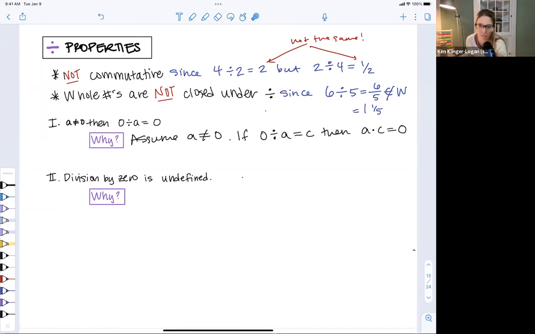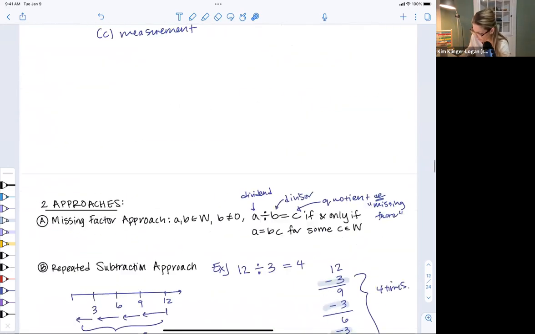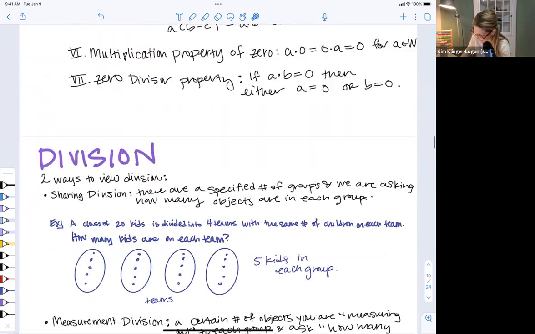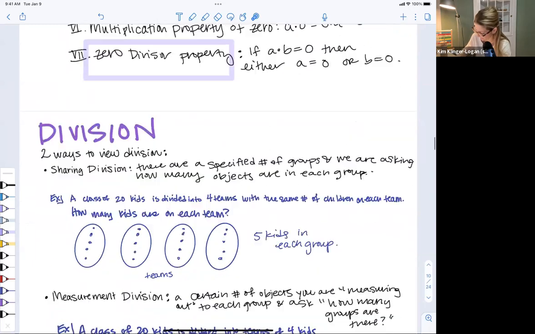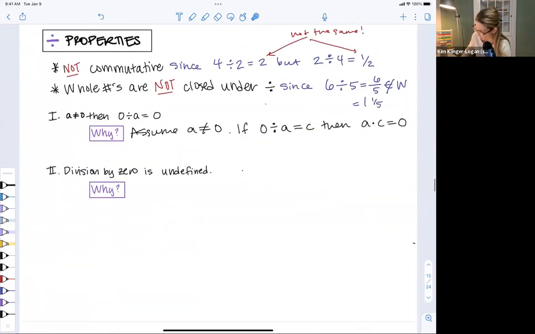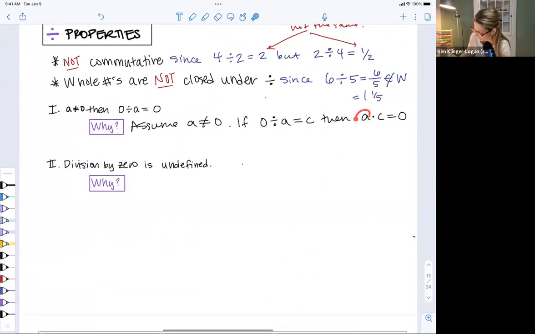Well, we know something about multiplication: if a times c is equal to 0, specifically, one of them has to be 0. This is from my zero divisor property of multiplication: if a times b is 0, then one of the two had to be 0 to start with. Well, we assumed that a wasn't 0, so that means that c has to be 0.